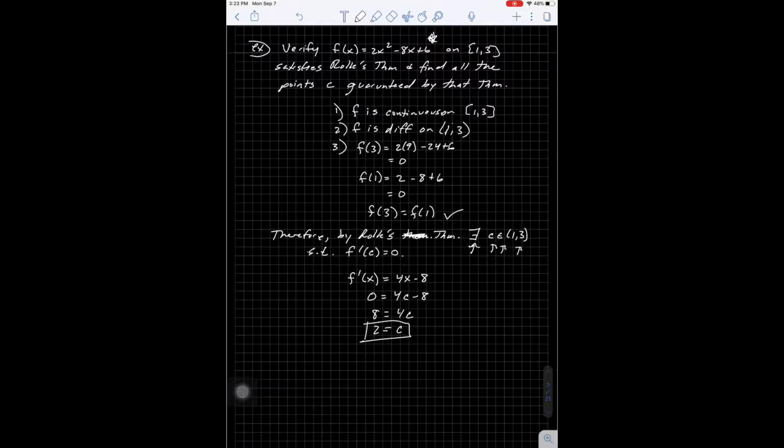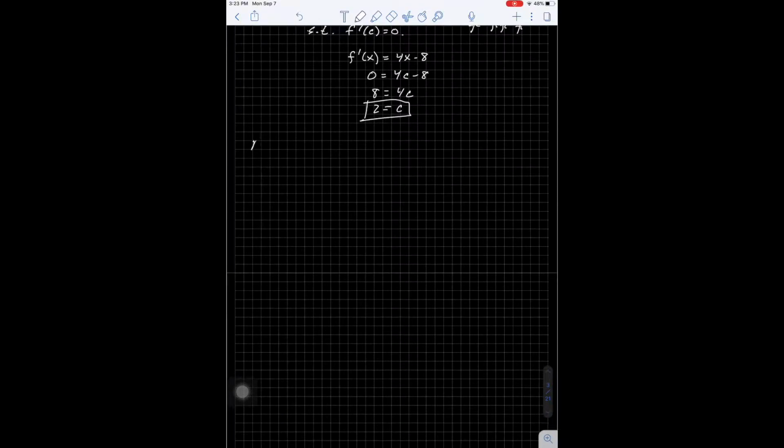Let's move on to the mean value theorem and talk about what that says. It's very similar. Let f be continuous on this closed interval and differentiable on the open interval.